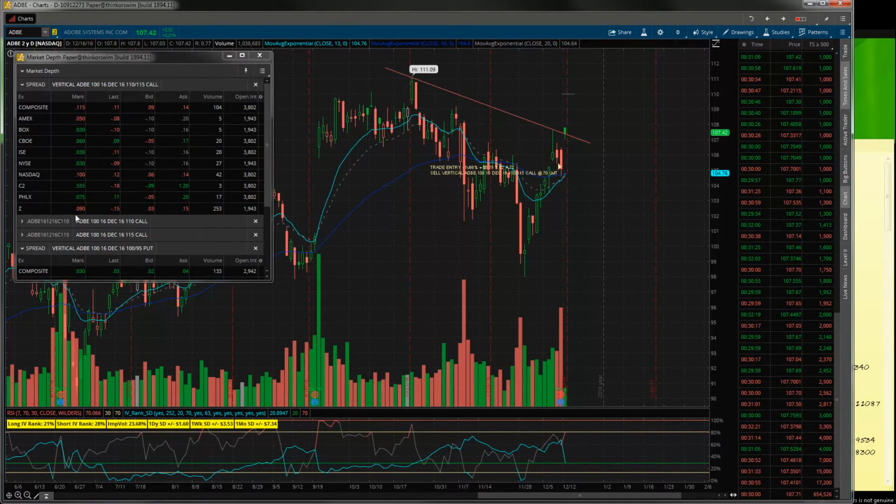Anyway, okay, this month's December IV was 60, it's now down to 57. It should be a bit less, although the short IV rank is 28%.